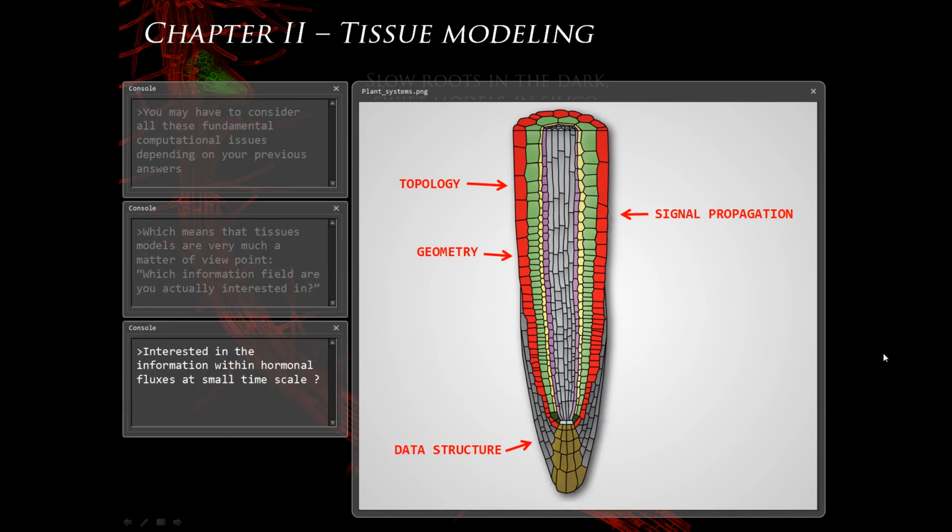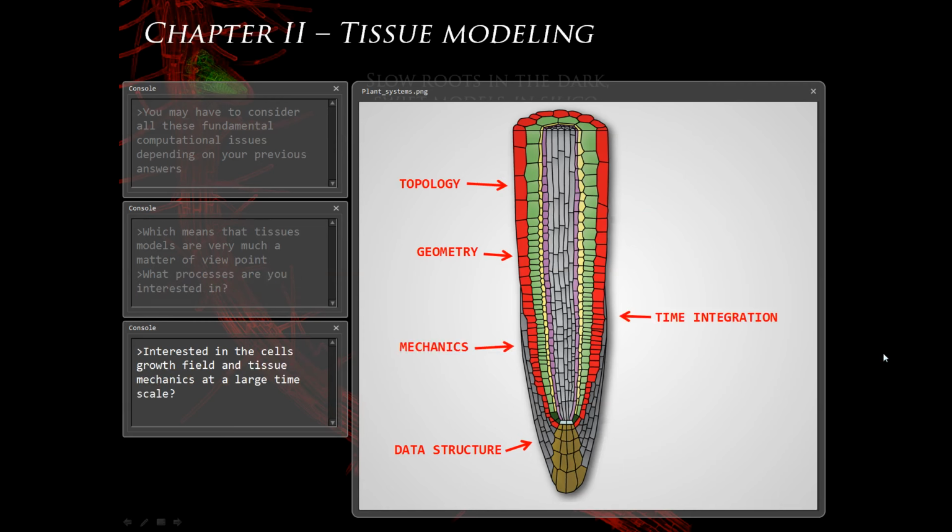So, for example, are you interested in the information within hormonal fluxes at a small time scale? In which case you basically need some topological description, a geometric description, some kind of signal propagation mechanism, and an adequate data structure to keep track of all that. Or maybe you would be interested in the cell growth field and tissue mechanics at a large time scale, in which case you'd need topology, geometry, a little bit of mechanics and time integration, and of course the adequate data structure for all that.